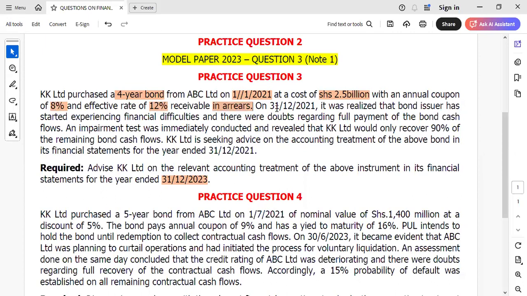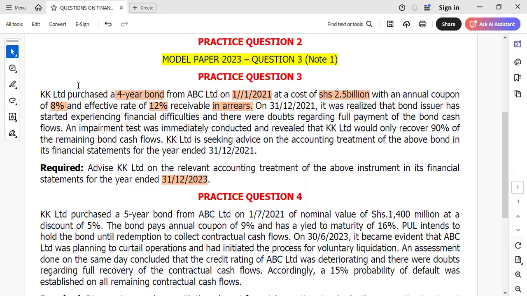Before we proceed, remember yesterday I said that as you handle these questions, you must ask yourself, are you in the books of the issuer or the holder? If you're in the books of the holder, what are you recognizing?